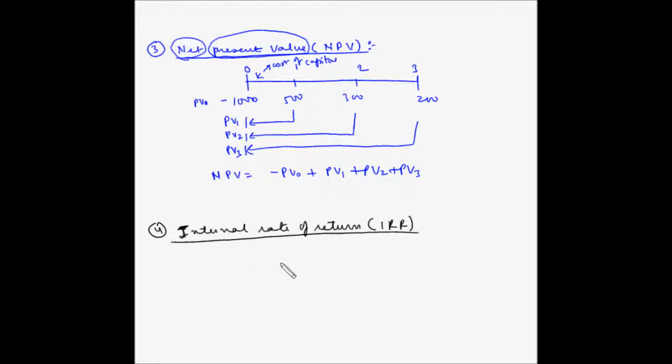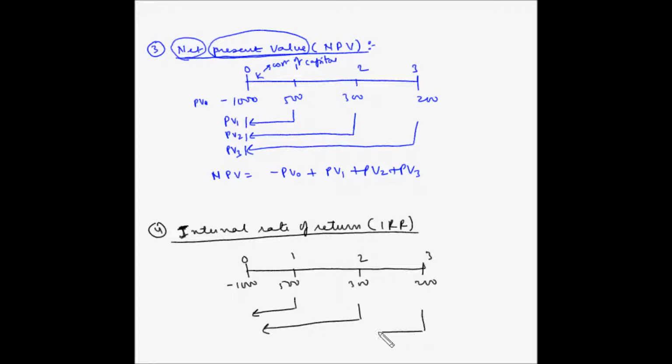However, when we are trying to find the internal rate of return, basically we have to find the net present value by discounting the cash inflows, and the rate at which the sum of the present values of the cash inflows becomes equal to the sum of the cash outflows is the IRR.